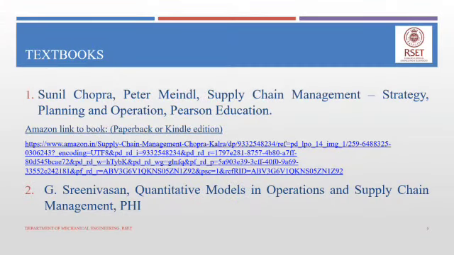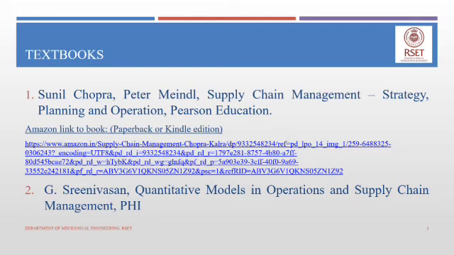Now, the preferred reading material or textbooks, these are the 2 textbooks that I generally prefer. The first one is Supply Chain Management, Strategy, Planning and Operations, published by Pearson Education and authored by Sunil Chopra and Peter Meindl. Now, this is the textbook that I refer to majorly throughout the entire course.